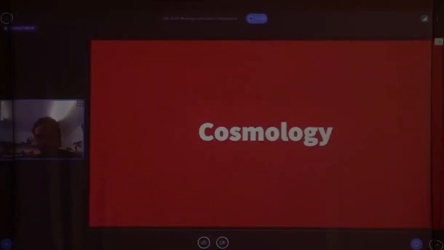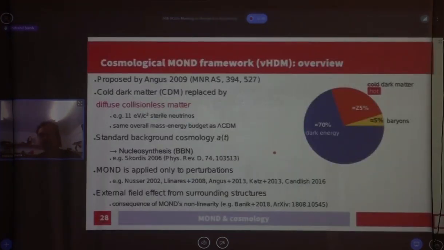Now, in the last part of my talk, I want to explain how we handle cosmology in MOND. So first of all, the pie chart of the universe, which you've probably seen before, looks like this. It looks very much like in lambda CDM.